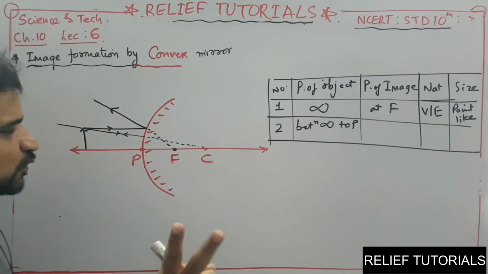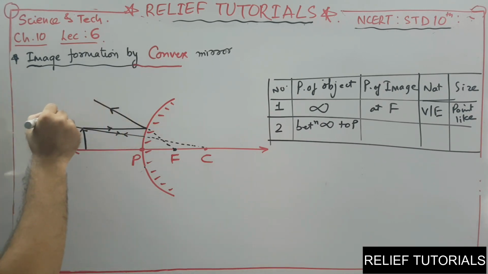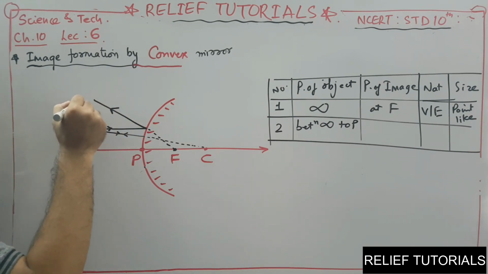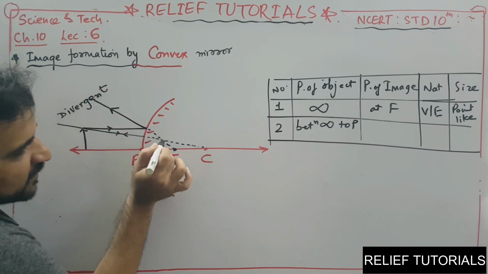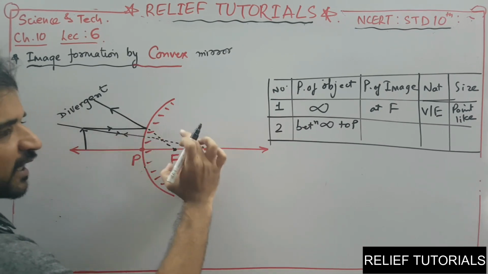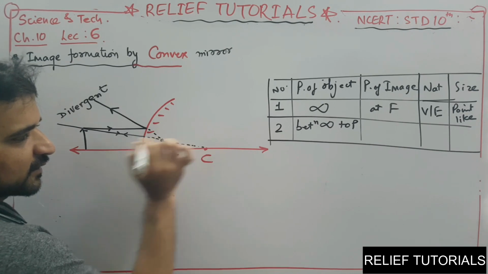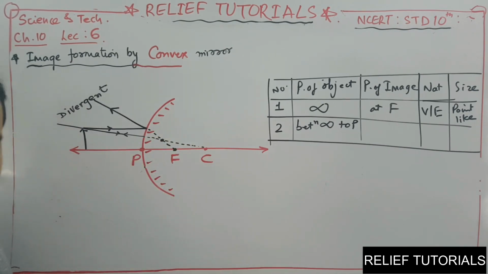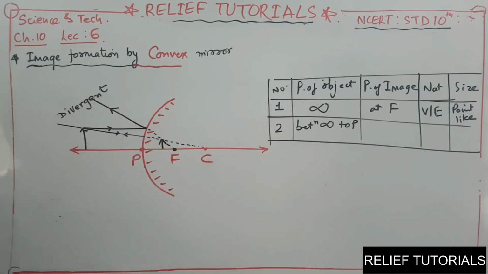You can see the two reflected rays are divergent, going away from each other. This is the point of intersection of the extended rays, which are extended behind the mirror. This point of intersection is virtual, so here the virtual image is obtained behind the mirror.